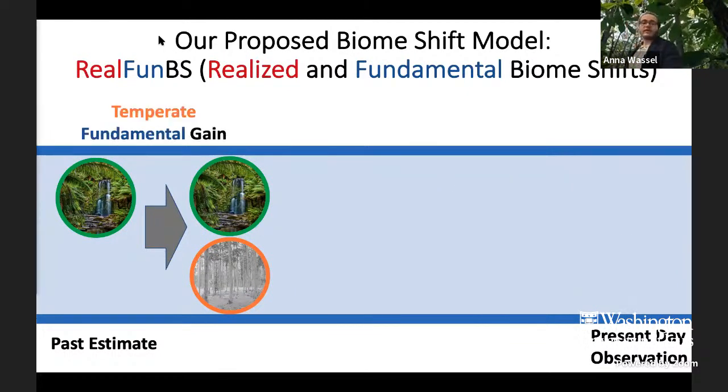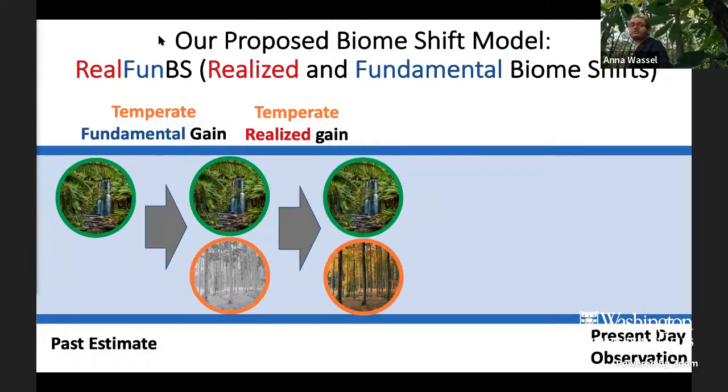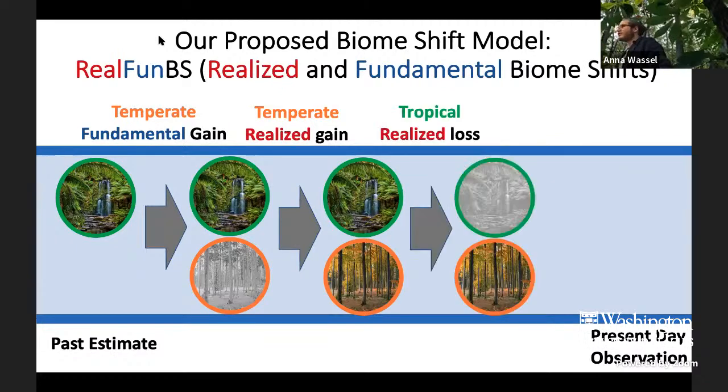And you start with, in this case, a temperate gain in the fundamental niche. It evolves to be able to thrive, able to persist in temperate biomes, but doesn't access them. Then it gains the realized affinity and is able to actually access that environment. But then it lost the tropical.